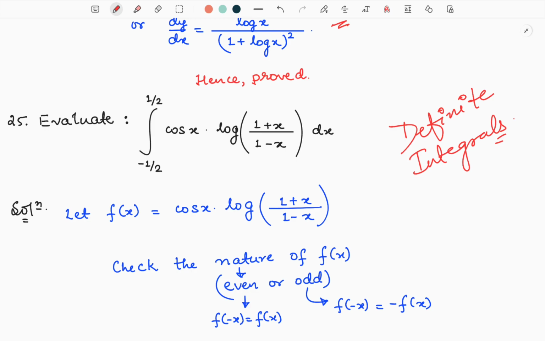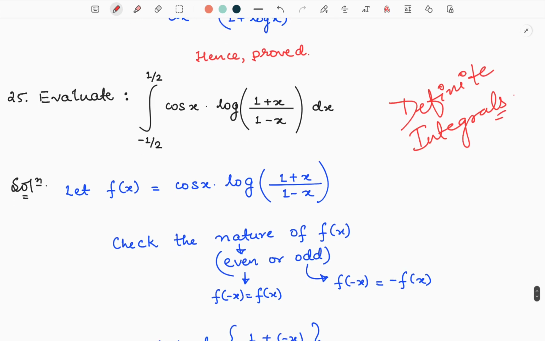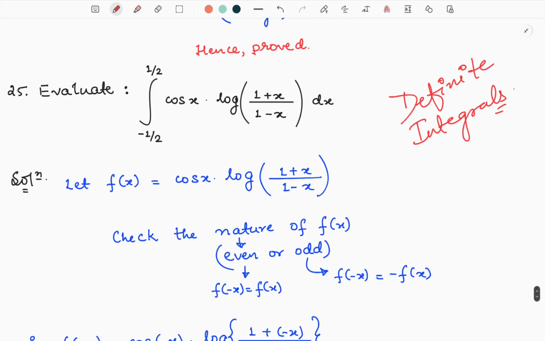So this question is asked from the topic of definite integral, and using the property of definite integral we can easily solve this question. If this question would have been asked as an indefinite integral, it would be very difficult and not very easy to solve. Okay, so we can easily apply the property of definite integral.